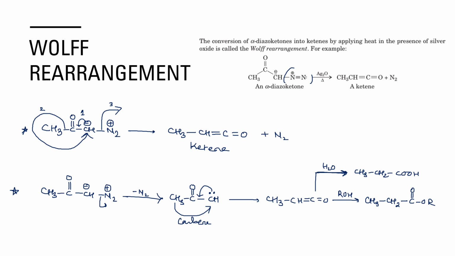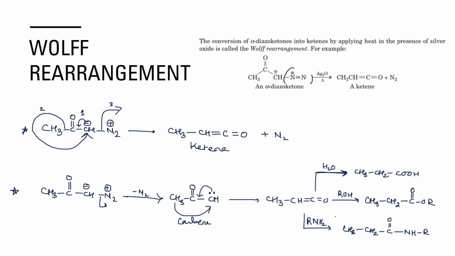You will get an ester. And if you treat it with an amine RNH2, then you will be getting CH3CH2C double bond ONHR. Okay, you will be getting an amide.